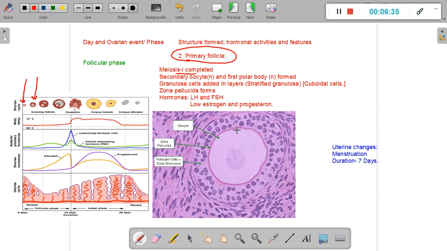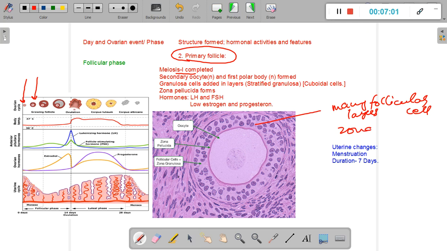Now how does a primary follicle differ from a primordial follicle? Number one, it has columnar granulosa cells, your follicular cells, columnar follicular cells. If you don't remember this, at least you should remember it has many layers. Primary follicle has many layers of follicular cells.